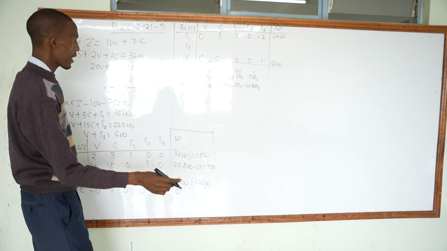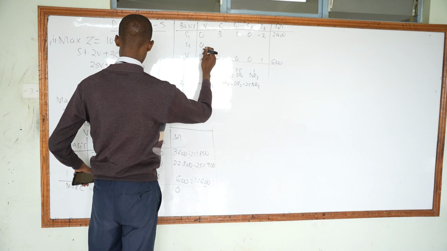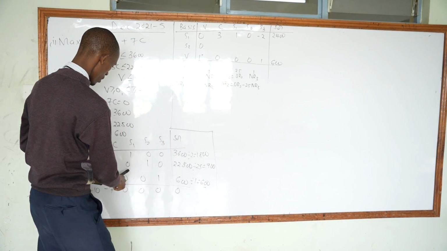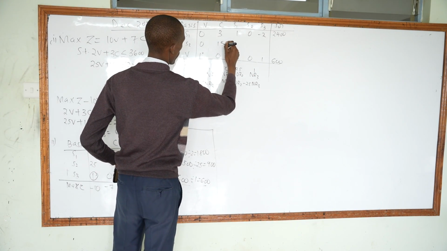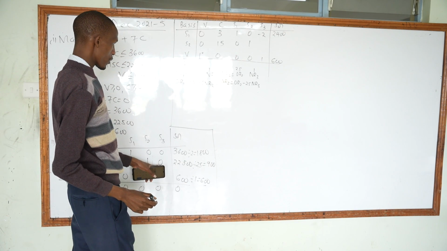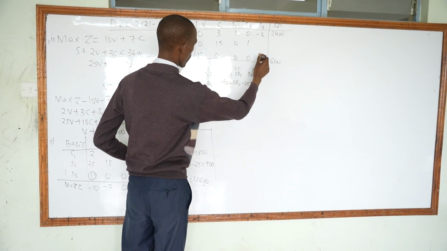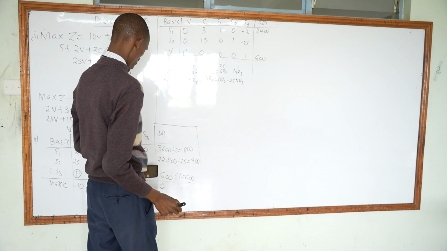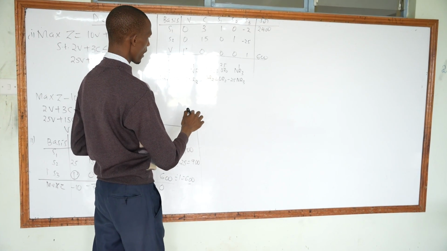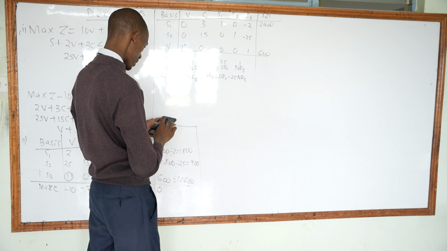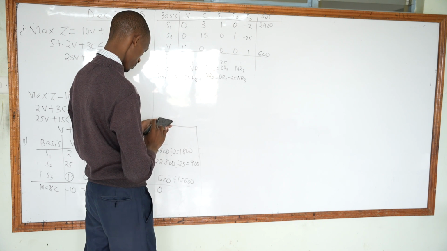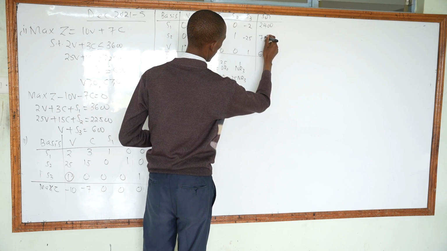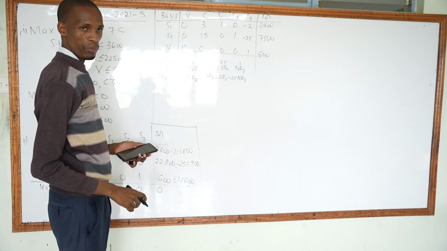So we say 25 minus 25 in bracket 1, this is 0. 15, so if this is 0, that means 15, 0, 1 remain, but this one will change. 0 minus 25 in bracket 1 is minus 25. 22,500 minus 25 times 600, then minus 15,000, you will get 7500.